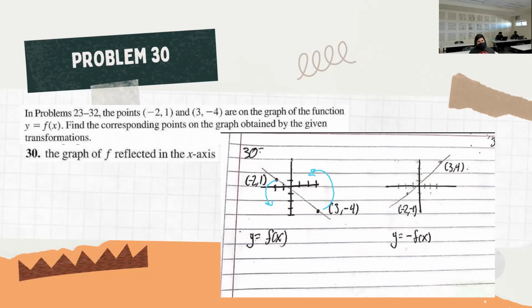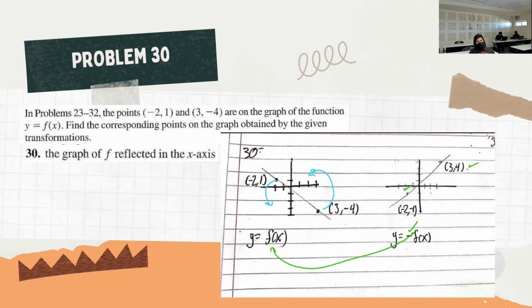So if we've got -2 comma 1, now we're going to have -2 comma -1. This would be the reflection here. And if we're reflecting the 3 comma -4 along the x-axis, the x stays the same, so the 3 stays the same, but the -4 is going to turn into 4, and we've got 3 comma 4. A reflection on the x-axis is equivalent to multiplying the function, or the y, by -1, which is correct. Okay, good job.